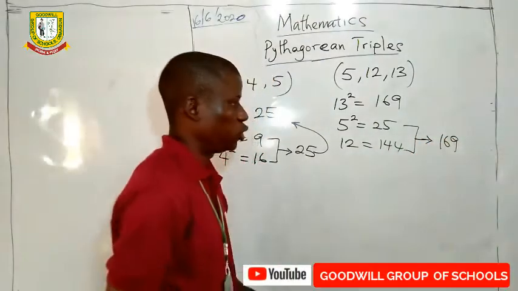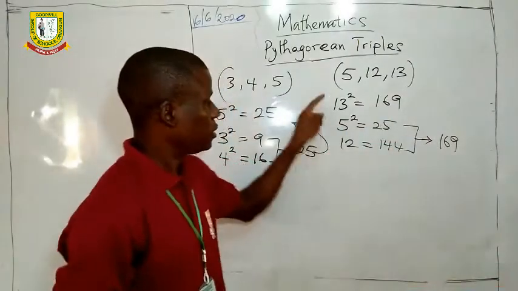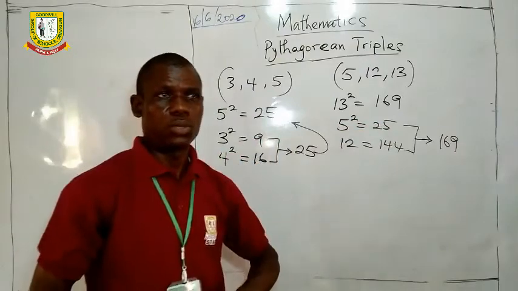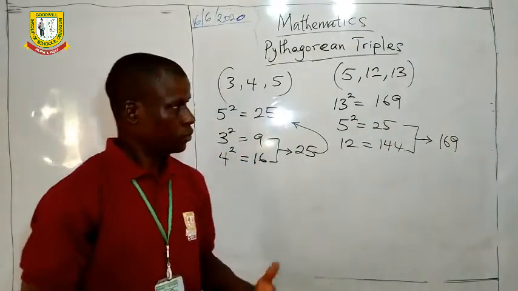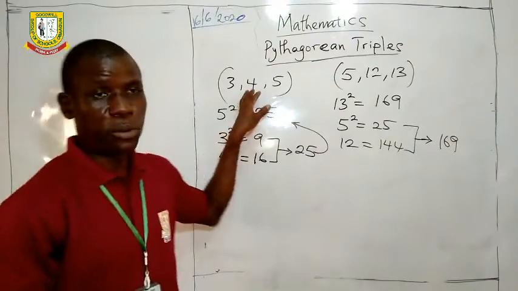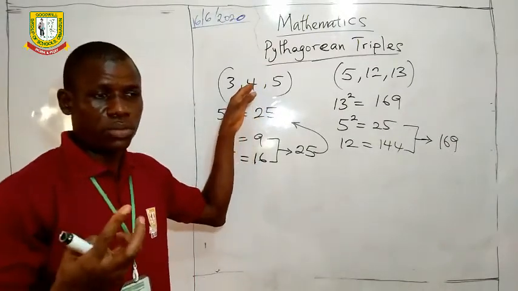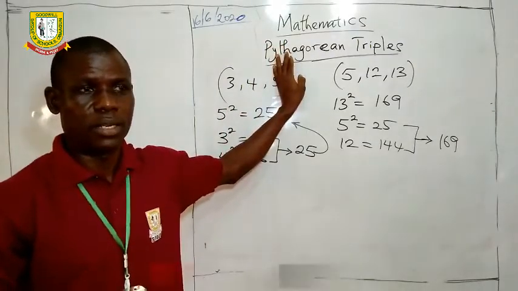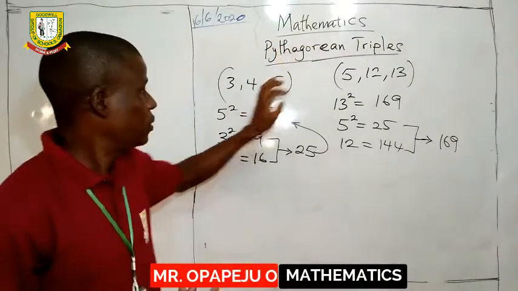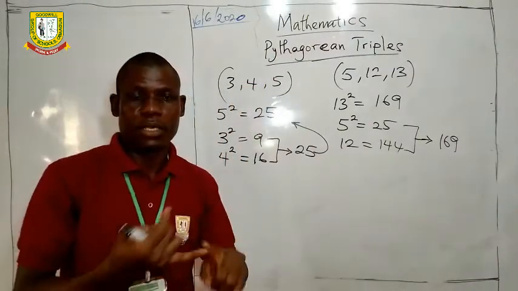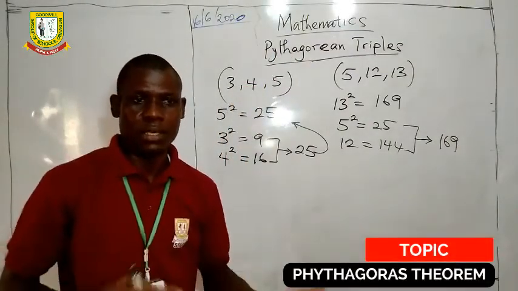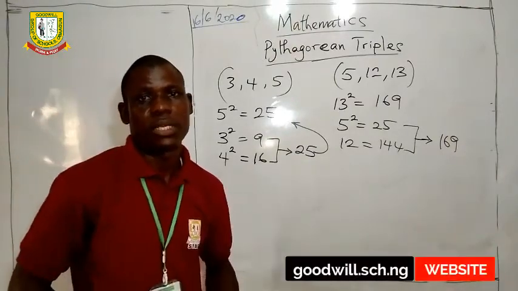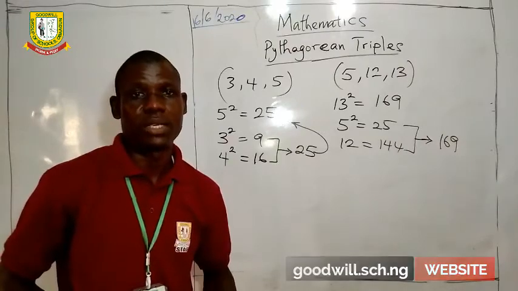To show that these three values are Pythagorean triples. So we can be asked that if 3 and 4 form a Pythagorean triple with another number, and they didn't tell you that number, but they tell you 3 and 4 are the opposite and the adjacent sides, then what is the value of the third side, or the third value which represents the hypotenuse?